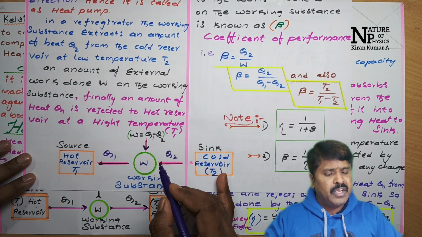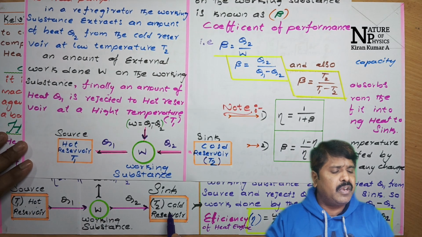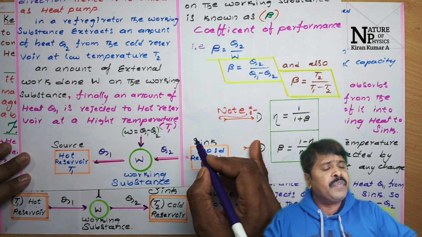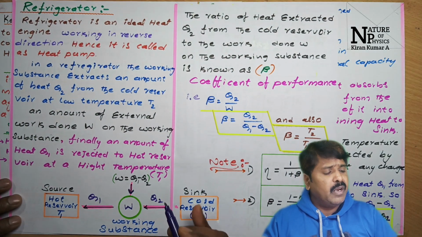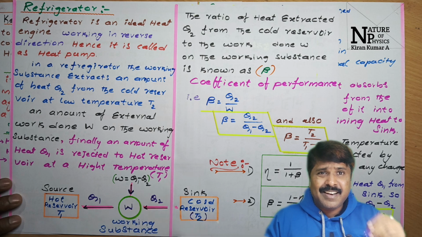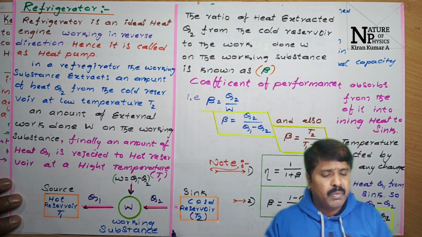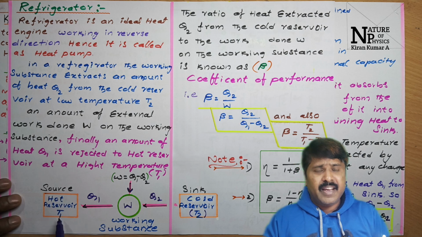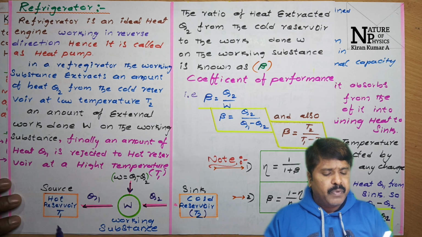In the heat engine, heat is flowing from the higher temperature area to the lower temperature area, so work is done by the system. Here heat is flowing from the lower temperature area to the higher temperature area by external work done. Notice that difference. Say student, so the source is at a temperature T1.